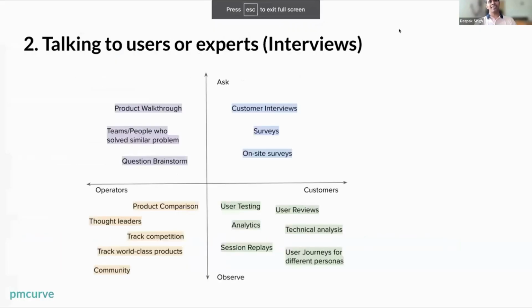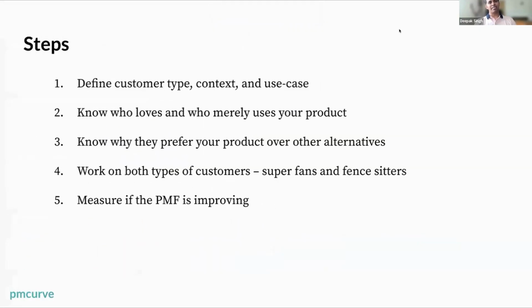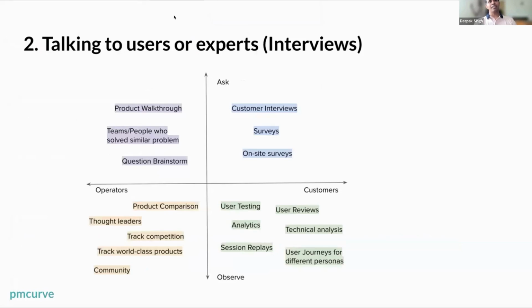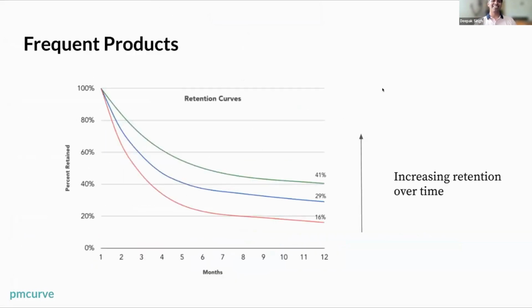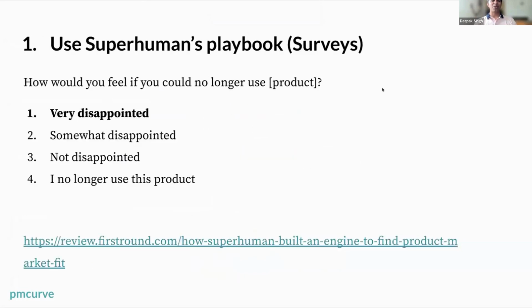Now, the second thing, what I believe is the reason you will fail using Superhuman's playbook, is that surveys are faulty, right? We started with saying that surveys are faulty. Don't use NPS, don't use CSAT. And now I'm going back to saying that Superhuman's playbook is godlike, it's amazing, right?